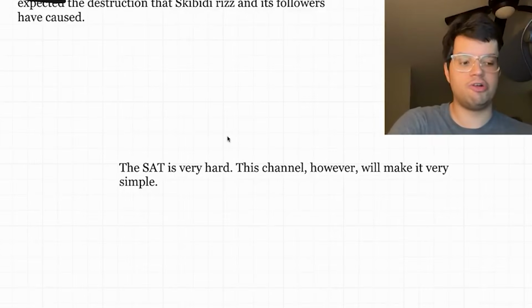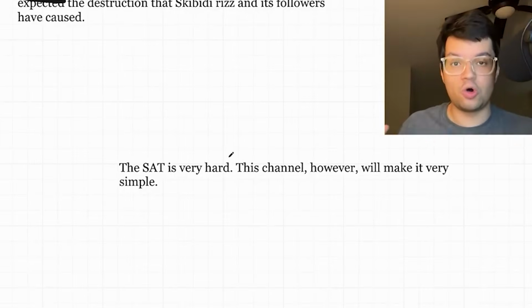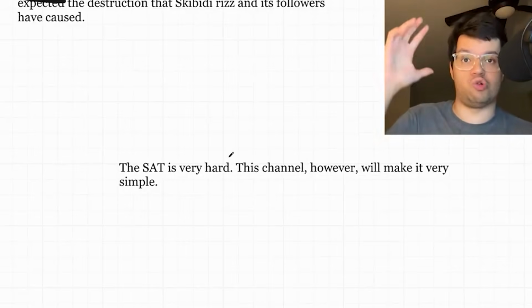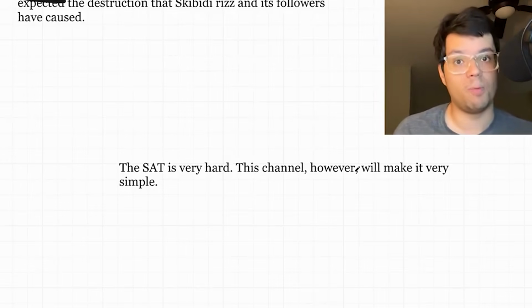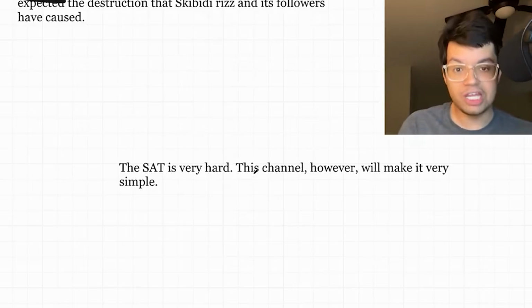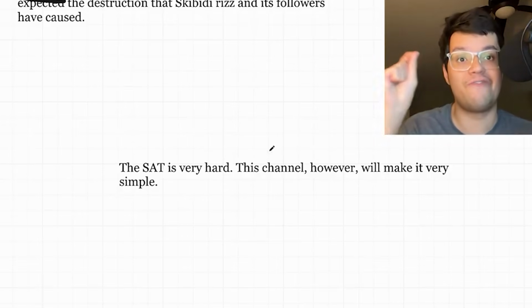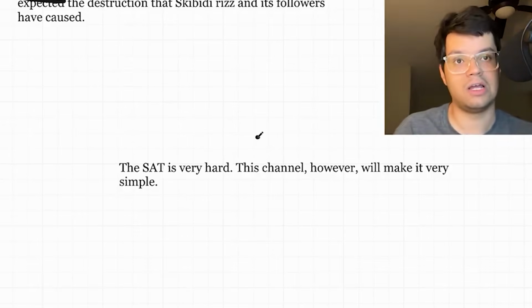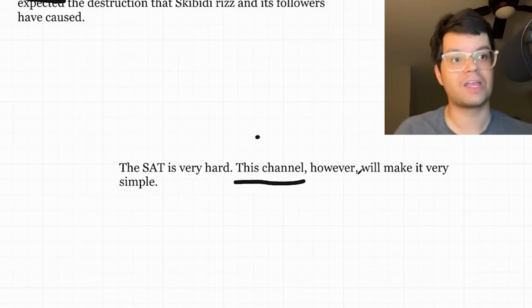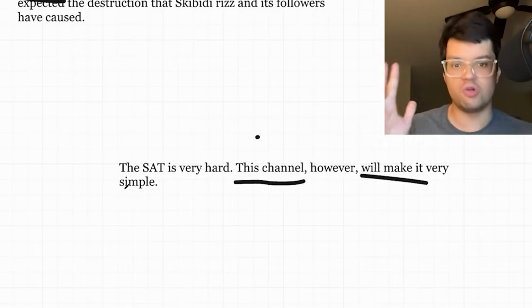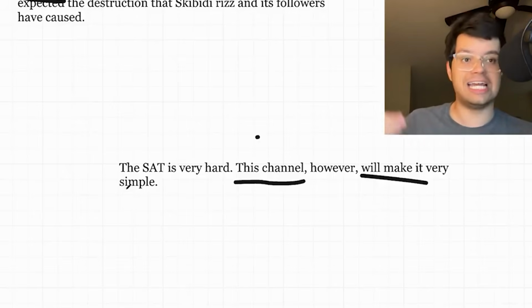But you have to make sure that you understand this still follows the typical SAT independent dependent clause rules that I've already gone over. So if we have something like this channel, however, will make it very simple, you have to think to yourself, is there an independent clause both before and after the however? And there would not be. This channel, that is not an independent clause. There's no verb there. And we'll make it very simple, that's also not an independent clause because it's only a verb.